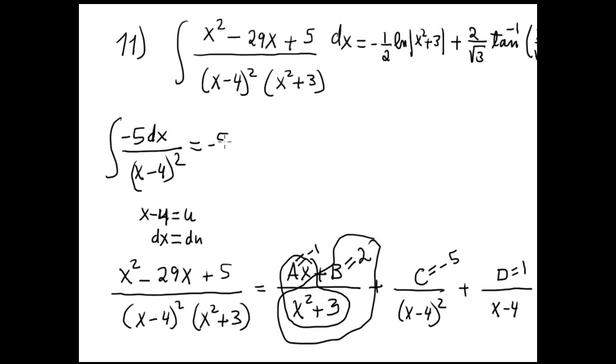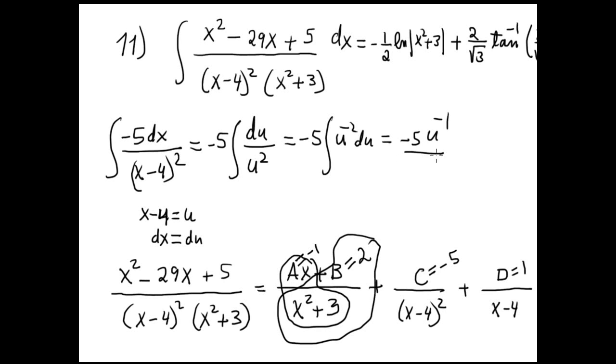This is negative 5, a constant, du over u squared. It's negative 5 integral u to the minus 2 du, therefore it's negative 5, u to the minus 1 divided by negative 1, negative is positive, so 5 over u, but u is x minus 4.